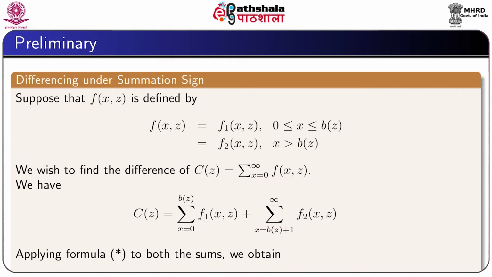Now, suppose that f(x, z) is defined as f1(x, z), where x lies between 0 and B(z), and f2(x, z) when x is greater than B(z). We want to find the difference of C(z) equal to sigma of f(x, z), where the summation varies from x equal to 0 to infinity.